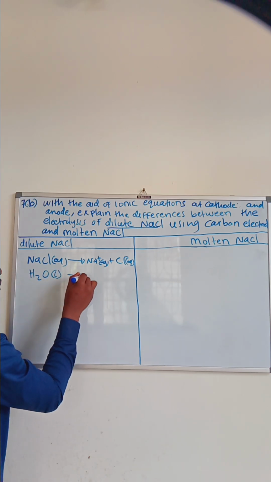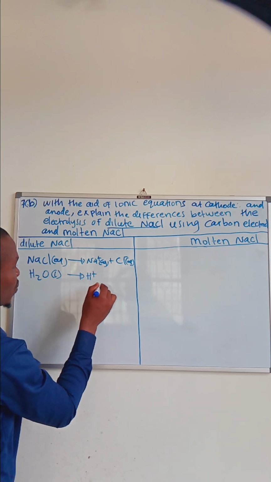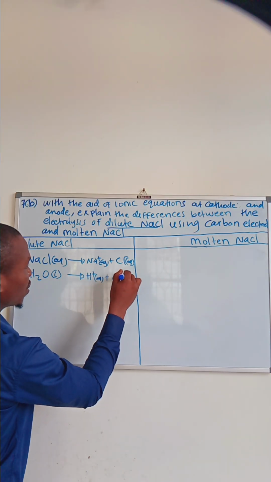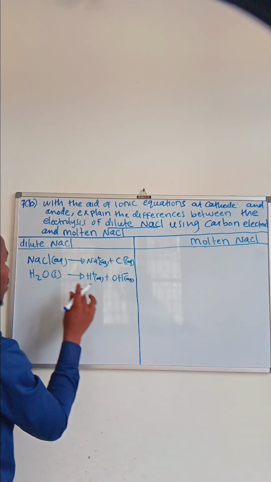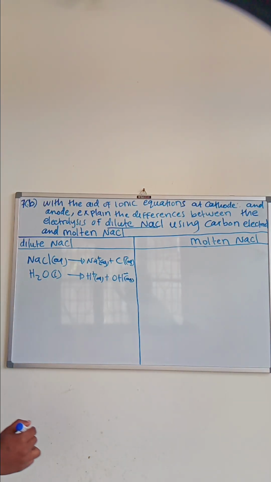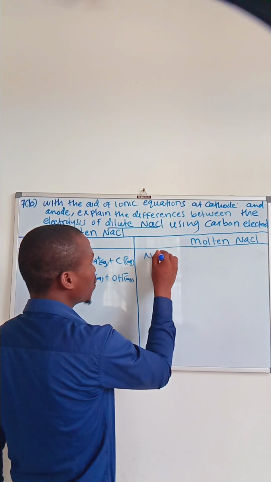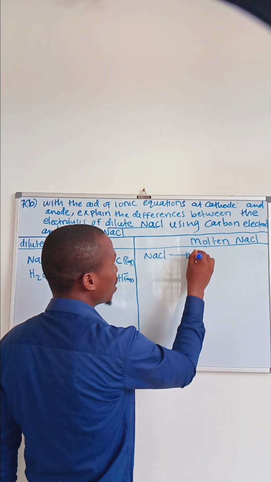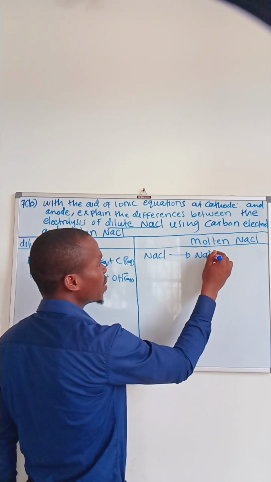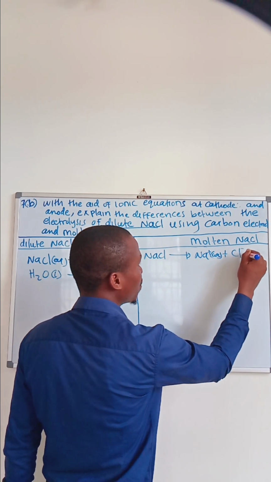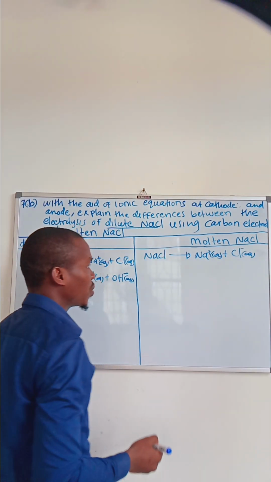Water will also dissociate to produce hydrogen ions, aqueous, and hydroxide ions, also aqueous. This is for dilute. But for molten, we have sodium chloride only. This will dissociate to produce sodium ions and chloride ions, both aqueous.